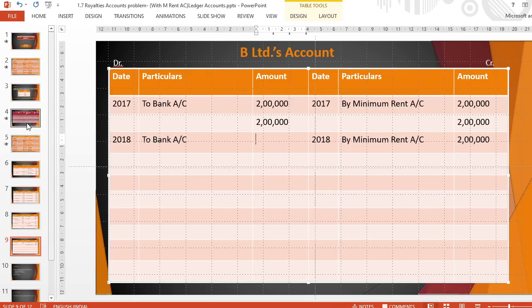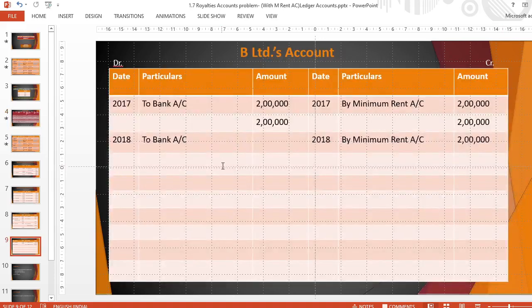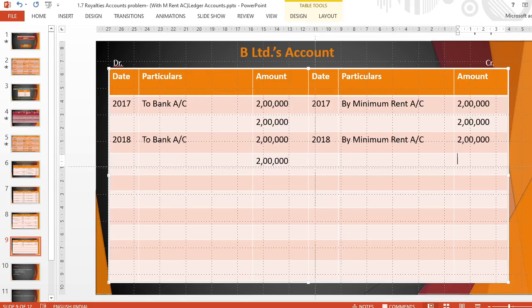Here we need to check the final payment. In the second year, the final payment was 2 lakh, so it is to bank account, again 2 lakh rupees. There is no recoupment, so there is no need to pass the third transaction. I'll close the books for the year 2018. It's 2 lakh on the debit side and 2 lakh on the credit side.